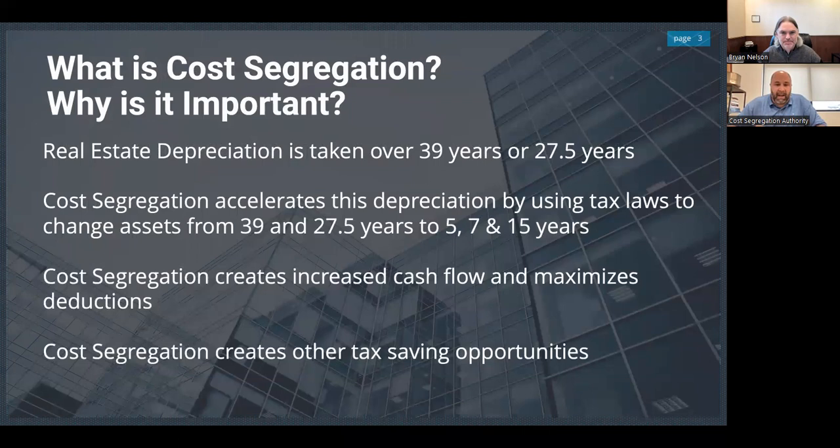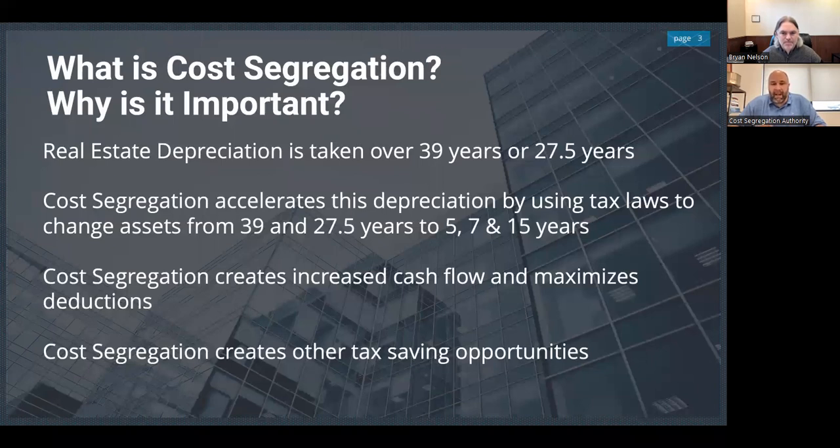And the way that we do that is through an engineering-based study where we come in and identify short-term assets. So in that same example where I purchase an office building for $390,000, I'm not just buying the land and the walls, I'm also buying some carpet. I'm buying a parking lot. I'm buying some window coverings, some cabinets, some appliances. All these different assets, according to the IRS, should be depreciated over a shorter period of time.